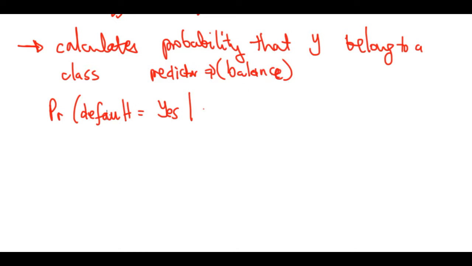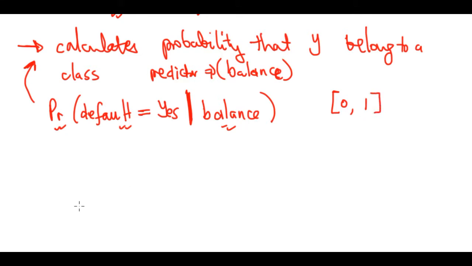So here we're saying the probability of default equal to yes, and this straight line is just saying given or based on the person's balance. This is what logistic regression is going to do. It's going to calculate the probability of default equal to yes, or the person defaulting, based on their balance, right? As probabilities, they will range from 0 to 1, right?